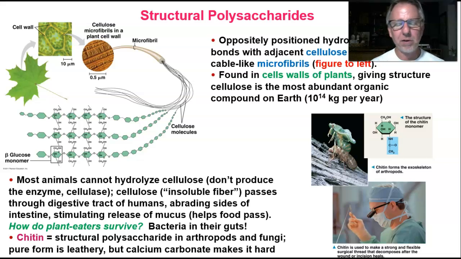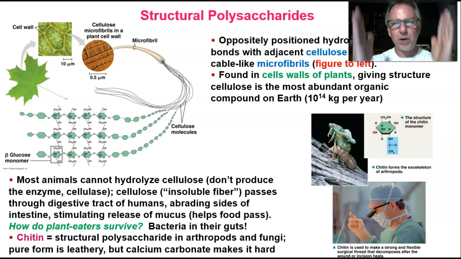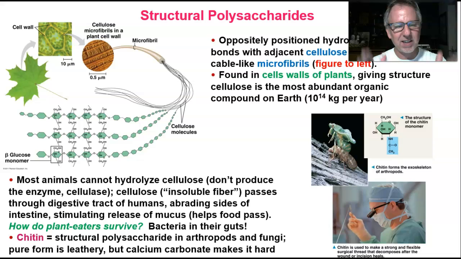And that is what we refer to as insoluble fiber. And that fiber is really important to your health. It scrapes or abrades against the sides of your intestines, stimulating the release of mucus, and that helps your food pass through your intestines.